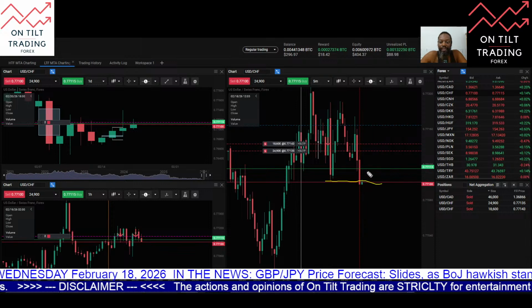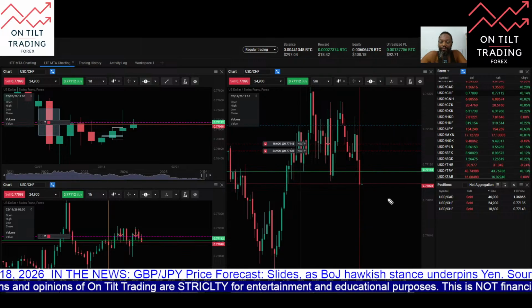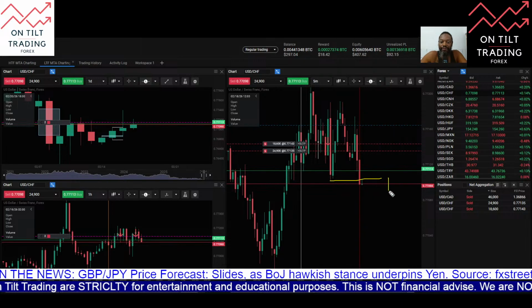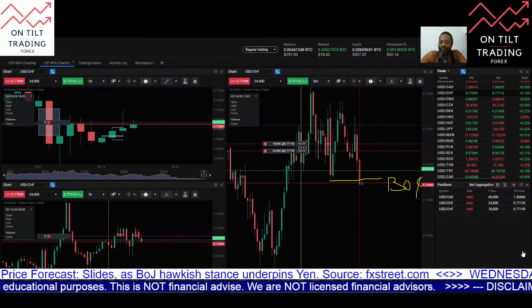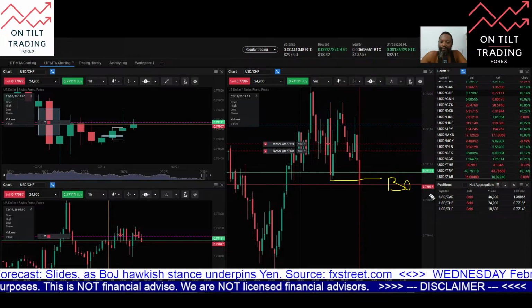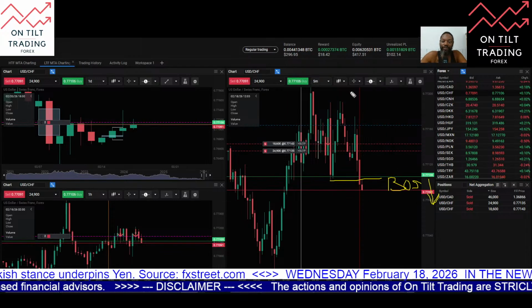There's a body candle close below this level, so this becomes a break of structure here to the sell side, so I would look for further continuation here to the sell side.